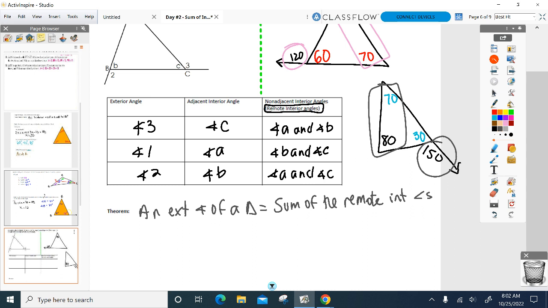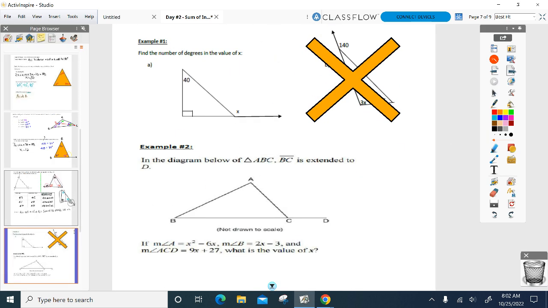Ready to apply it now. All right, an easy one to apply right now. Check out this first example. Everyone see angle X, inside or outside? Outside, right?